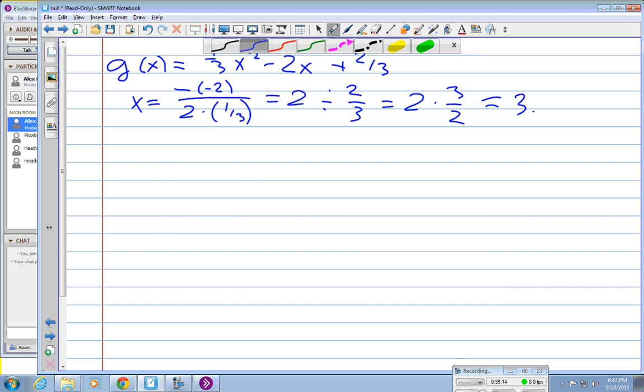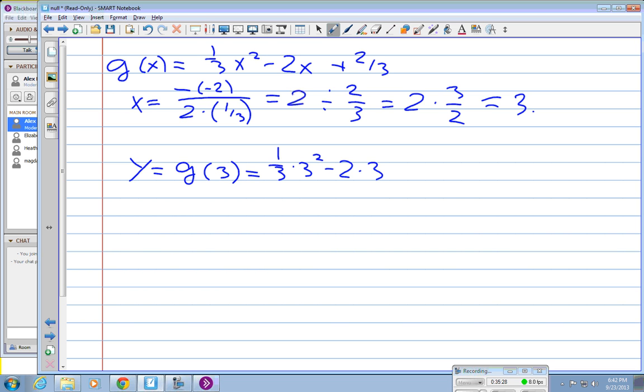So x is 3. To find the y, we plug 3 into our function. So there you have to compute. It gets a little bit messy, but it is 1/3 times 3 squared minus 2 times 3 plus 2/3. Okay? So 1/3 times 3 squared, one of the 3's cancel, so that's just 3 minus 6 plus 2/3.